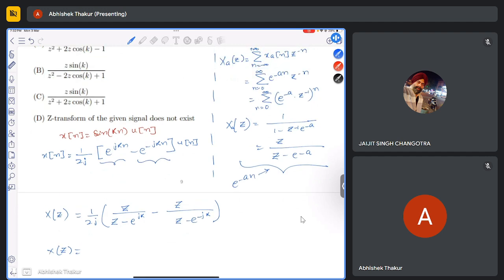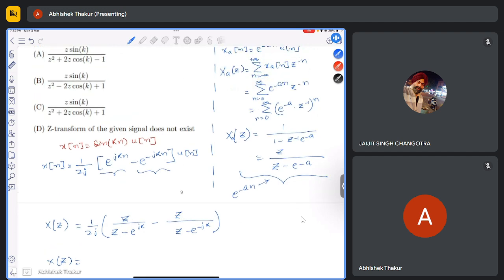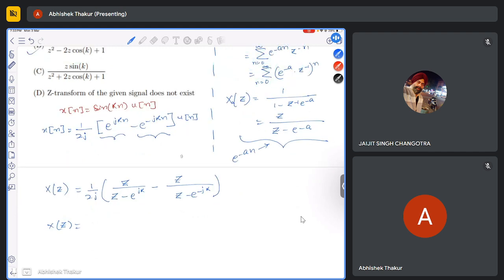The correct answer for this question is z sine k divided by z square minus 2z cos k plus 1. You can just simplify this and you will get z sine k divided by z square minus 2z cos k plus 1.